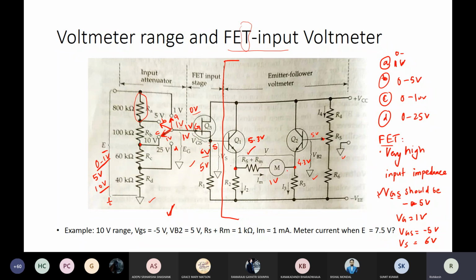This is at 4.3. You'll get the deflection. When you apply 7.5 volts here, what will be the meter current in that case? The maximum full scale deflection current is 1 milliampere. First of all, is it a linear circuit or non-linear?